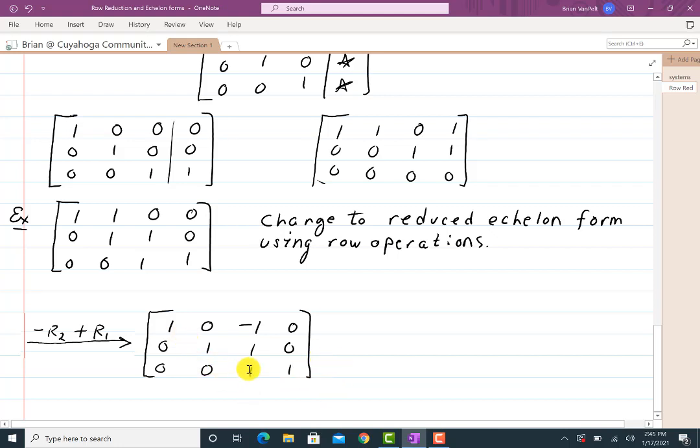Now what I need to do is use this one to wipe out the entries above it. So I'm going to take negative R3 plus R2, and then I'm going to take R3 plus R1. So when I do R3 plus R1, this 1 will wipe out this negative 1. This 1 will get added to that spot.